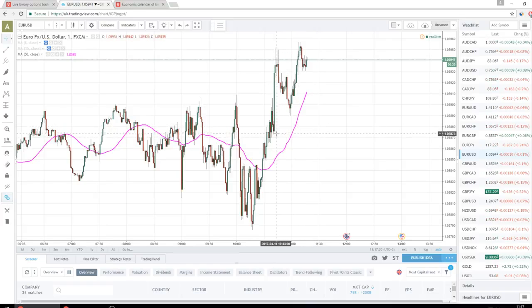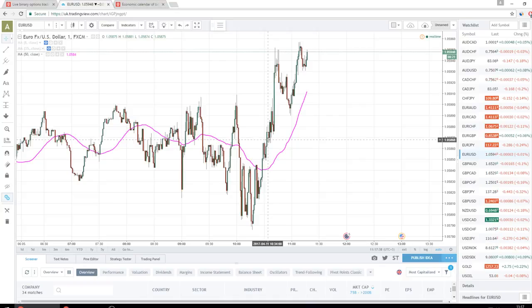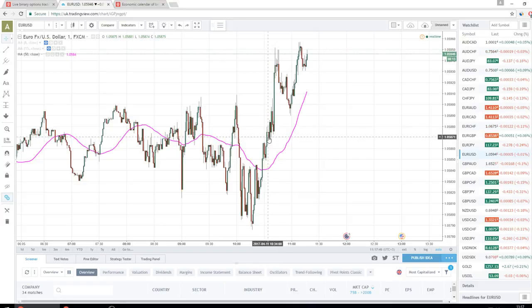Also, this indicator partially shows us the resistance levels and support levels. We can use it to determine the probability of the reflection of the market, of when the market bounces back, and so we can use it for our trading.